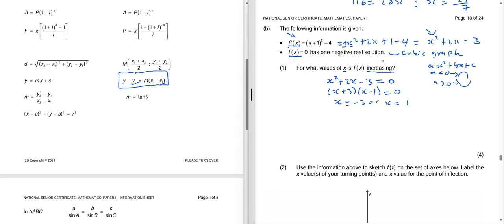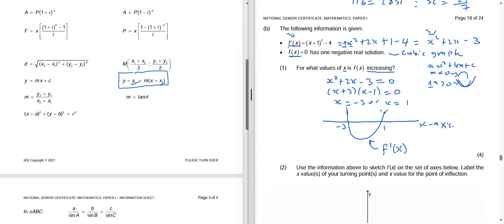So in our case, our a is 1. So it means we expect our graph to be like that, right? So the general sketch of the graph is like this. And then this point is minus 3. This point is 1. And how can we relate? So this graph is the graph for f prime of x. And this is the x-axis that maybe we can just leave it.